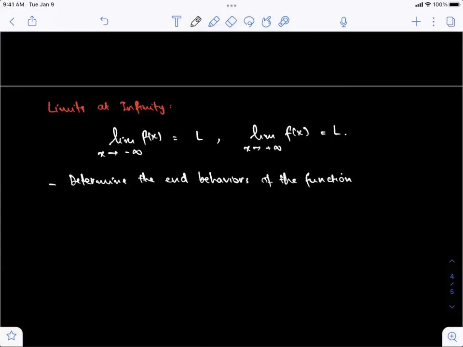Meaning, what happens to the function when you let x go to negative infinity, and what happens to the function when you let x go to positive infinity. By doing this, you can also identify horizontal asymptotes of functions.